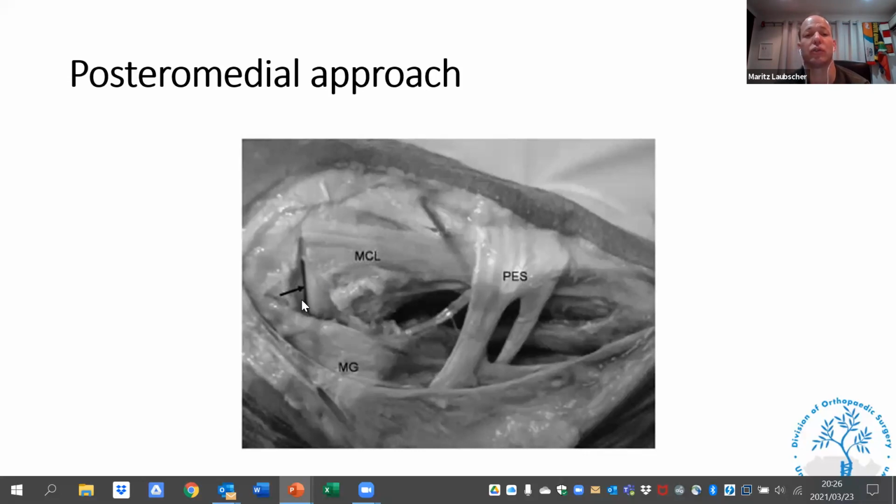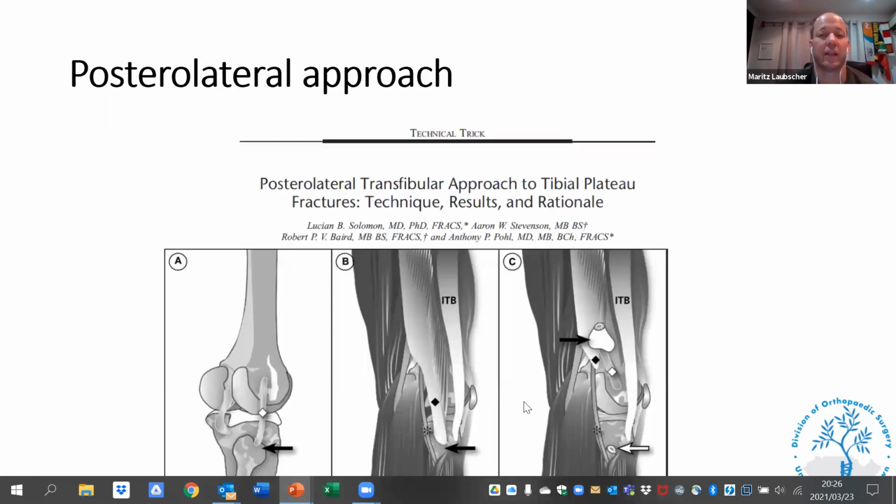You can look into the joint there, but you can never really visualize your reduction directly. Visualize your reduction indirectly by keying in the apex here and then using fluoroscopy. So here you can see the pes, and your apex of your fracture is usually right underneath the pes, and you can slide your plate down there.